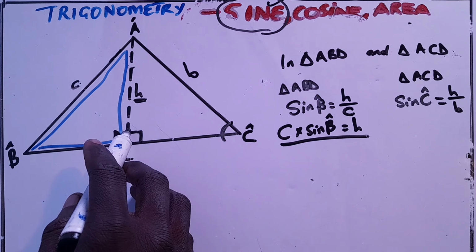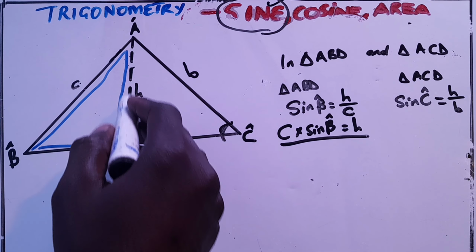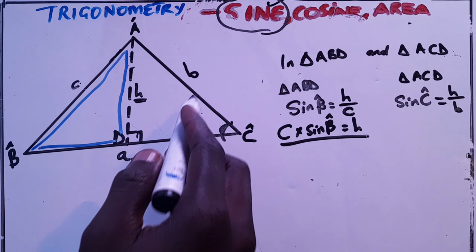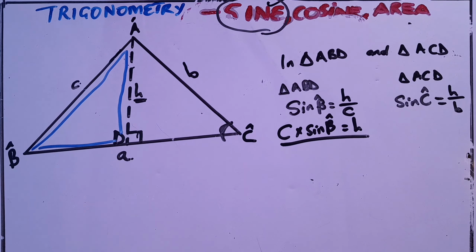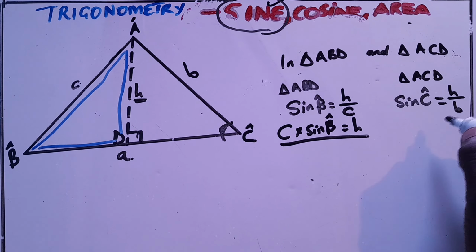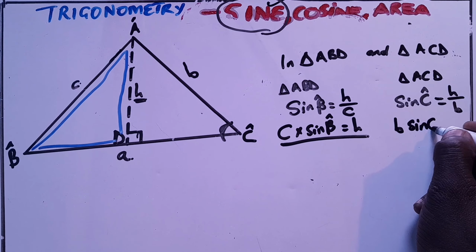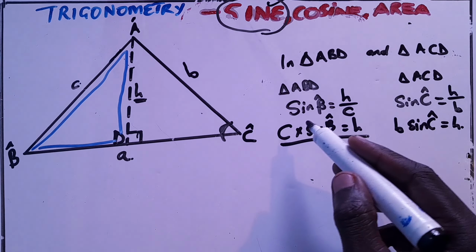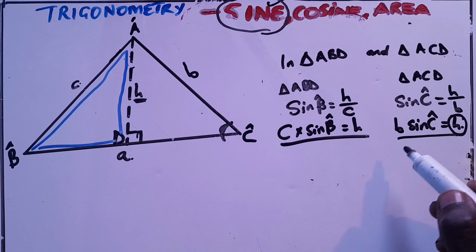If this is our right angle, and this is our angle, then this is our opposite side, this is our hypotenuse and this is our adjacent. Can you see that? Yes. So now after multiplying both sides by B, B sine C equals H. So this side equals H, and also this side equals H.